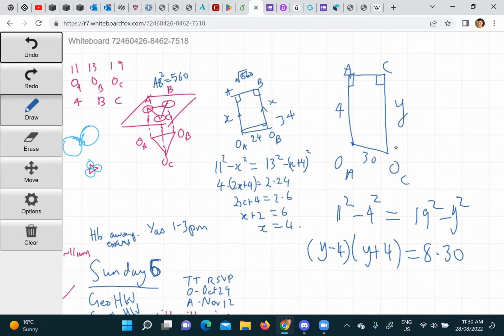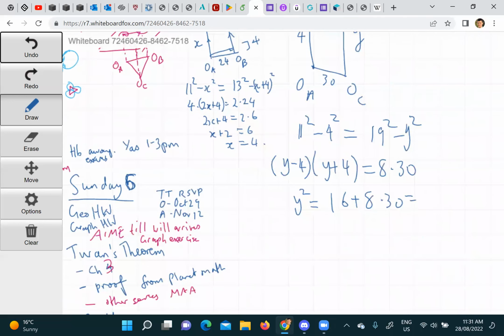Wait, do we know y is an integer? It could be. So y squared minus 16 is 8 times 30, so y squared equals 16 plus 8 times 30, which is 8 times 32, which is 8 squared times 4, right?